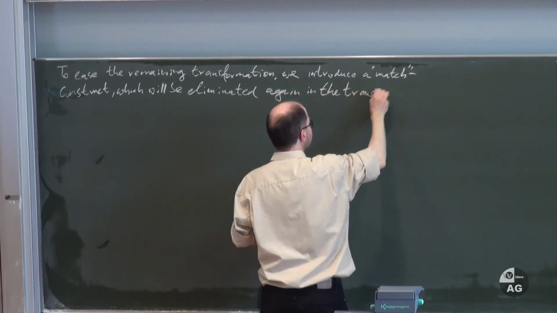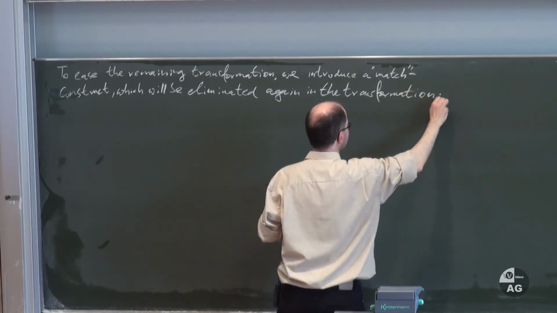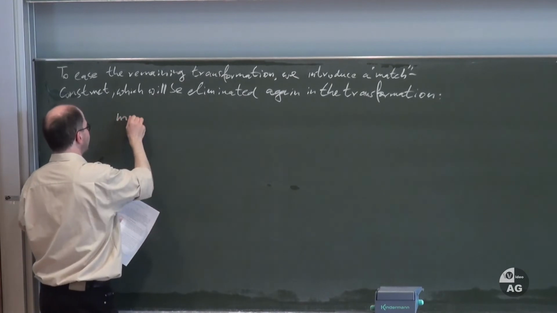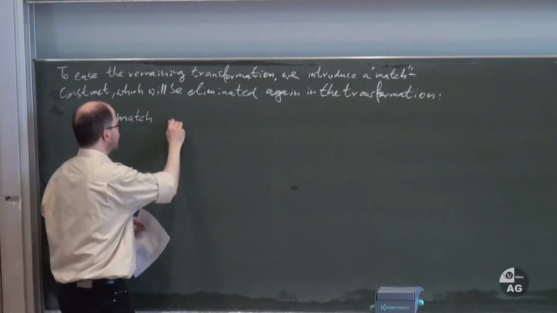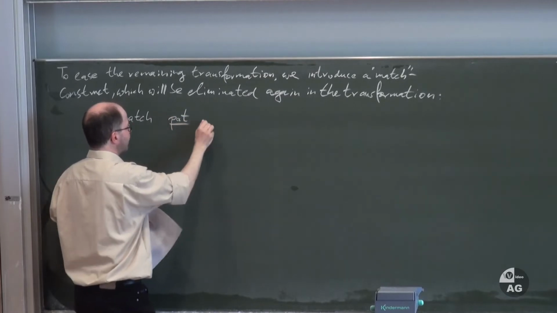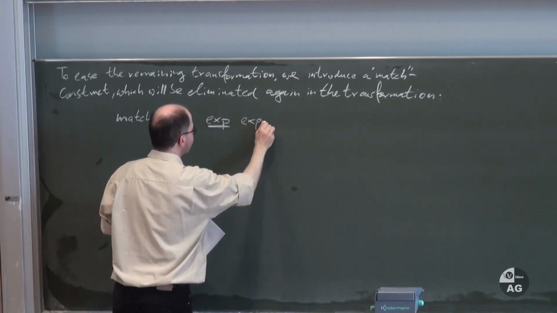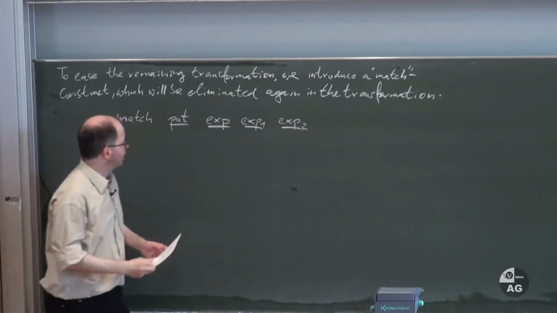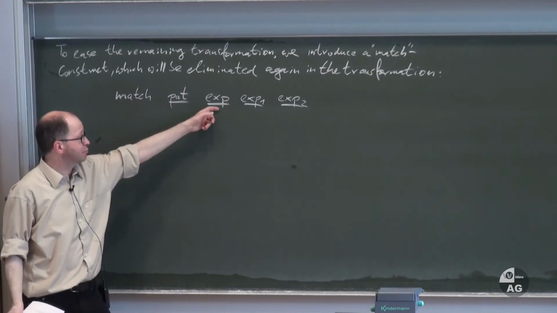And what does this match construct do? So this match construct is used to express pattern matching. So match takes 4 arguments, a pattern, and three expressions, exp, x1, and x2. And what is the meaning? The meaning is we want to match this pattern against this expression.